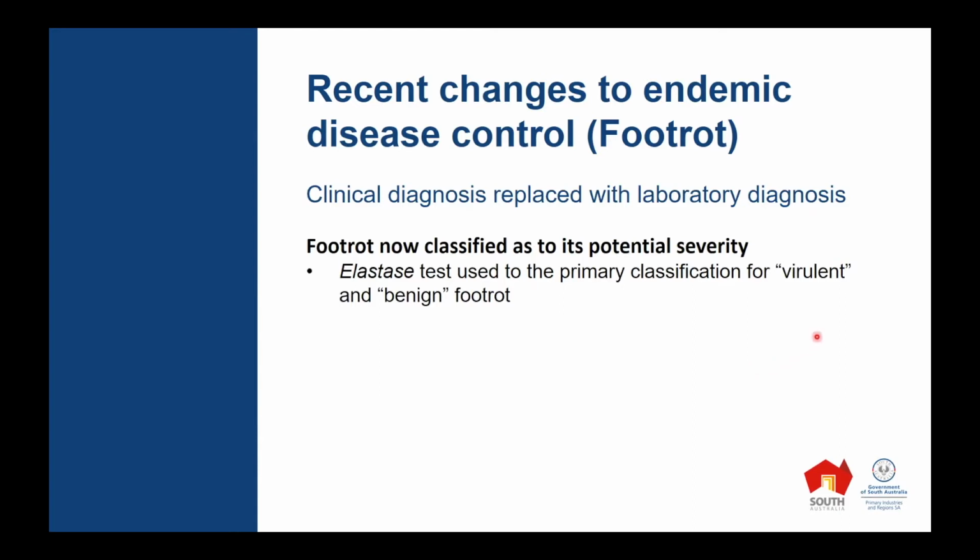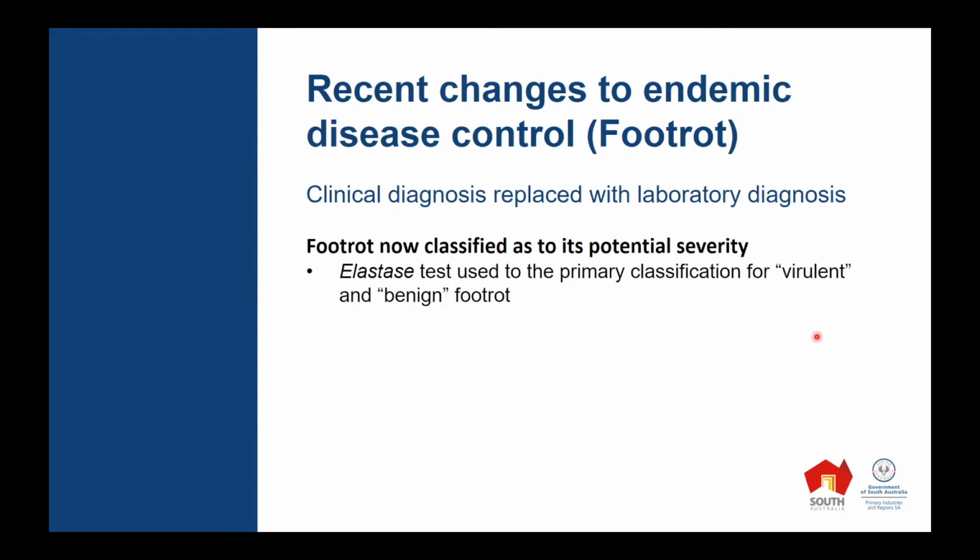The test that we found aligns most closely with our clinical diagnosis in South Australia is called the elastase test. I won't run into how it works, but you basically need to culture the bacteria and then run it through this elastase test, and you get a result in a number of days as to how quickly that particular bacteria can digest an enzyme that's present in the hoof.